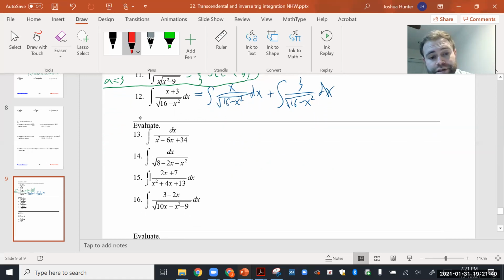And then 15 and 16, so you'd split them up. Just go ahead and write this down for y'all. You'd split them up into separate integrals.